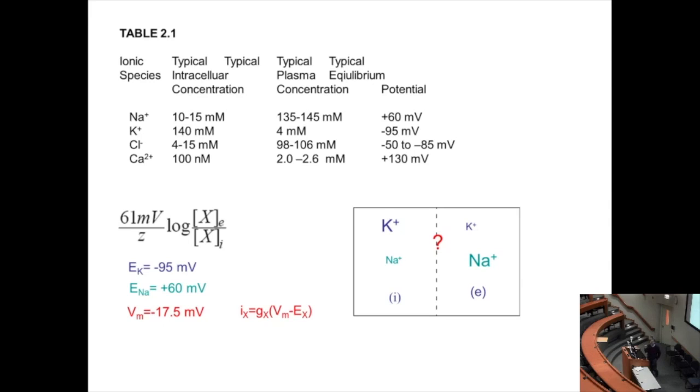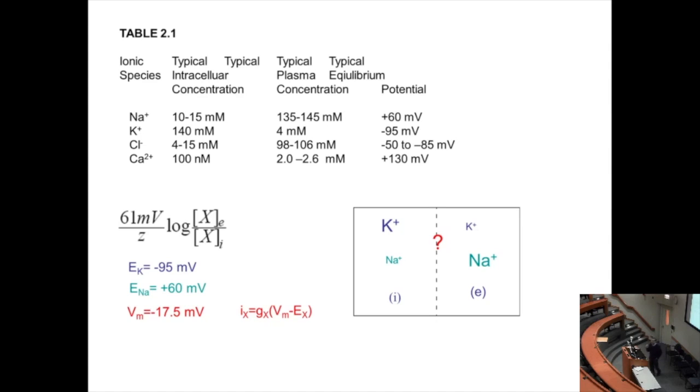And when the net current is 0, the voltage stops moving, and that will be your resting potential in that membrane. Net current is 0 at the resting potential, and you know that because the voltage is not changing. If I was putting more positive charge inside than positive charge going out, then my voltage would be going up.